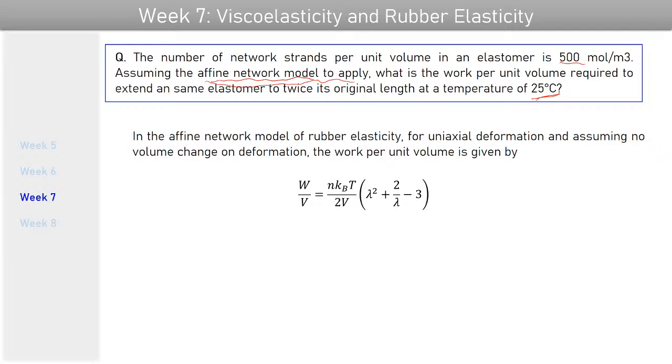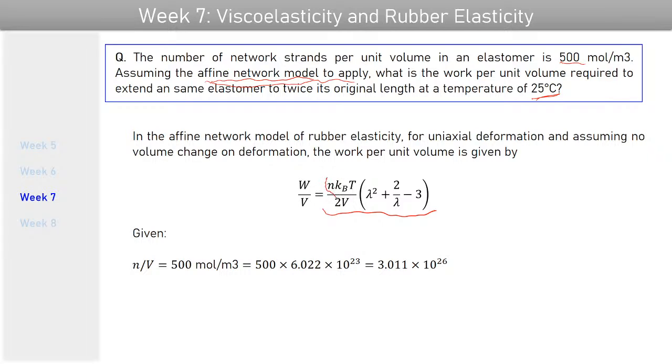If the deformation is uniaxial and we assume no change in the volume of the elastomer, then the work done per unit volume for this affine network model is given by this expression, where small n is the number of network strands, kB is the Boltzmann constant, T is the absolute temperature, and V is volume. So n by V is the number of network strands per unit volume, which is given as 500.